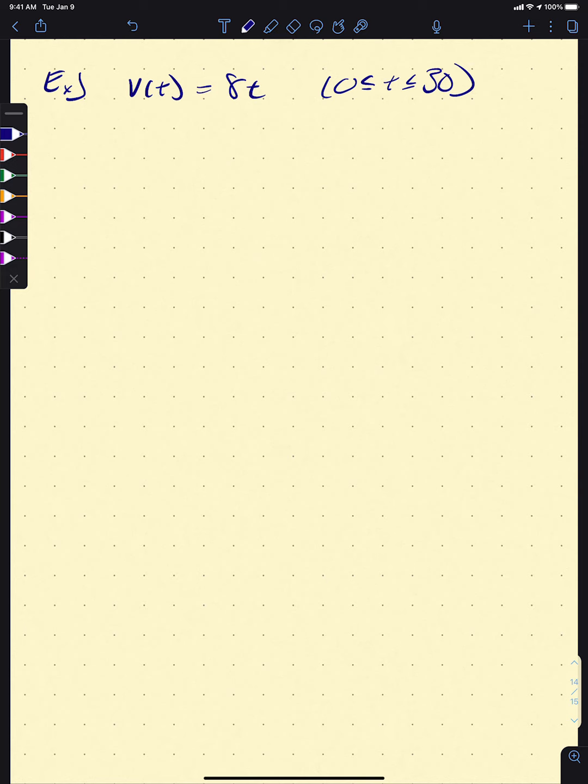Well, this is actually an initial value problem as well. And this is because of two things. One, if s is our position function, the derivative of the position is the velocity, which is 8t, and since it started at position 0, s of 0 is 0. And this is now an initial value problem.